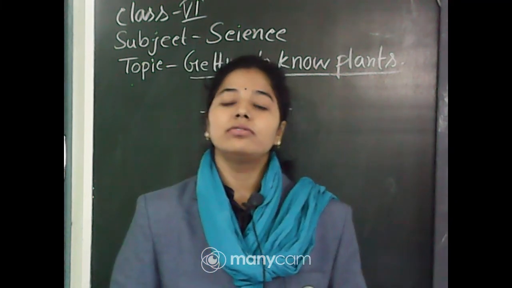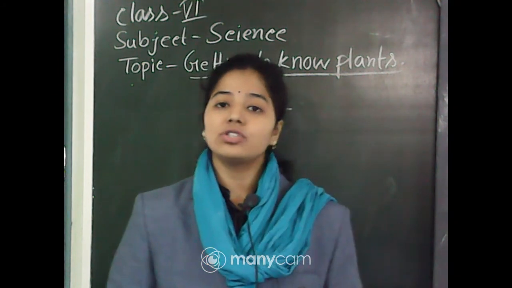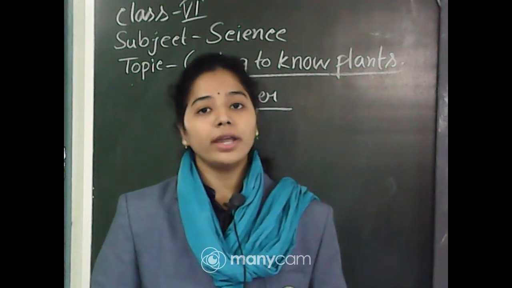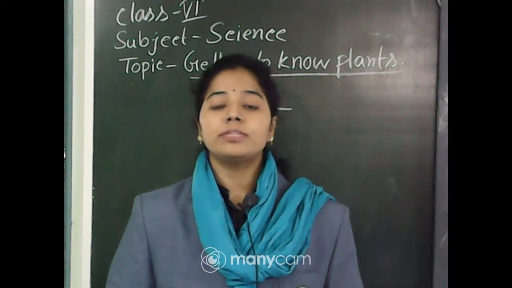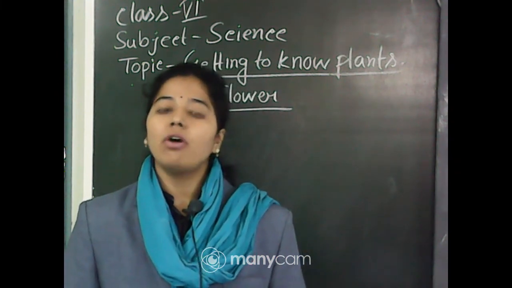Flower is a very attractive part of a plant, and it is also known as the reproductive part of flowering plants. Okay, so you have to remember this point. And one thing, this flower is a modification of shoot.